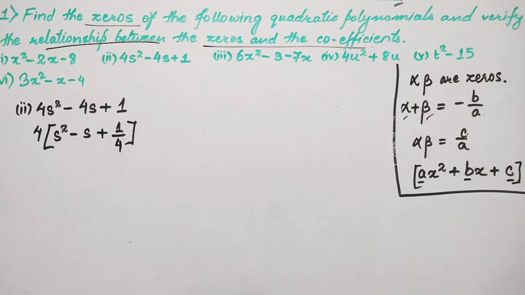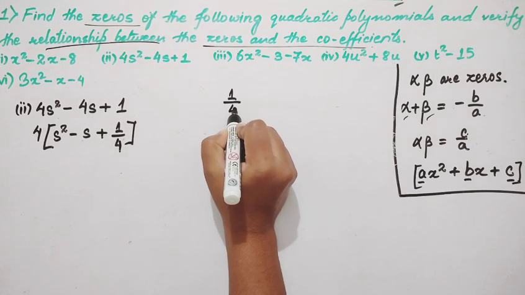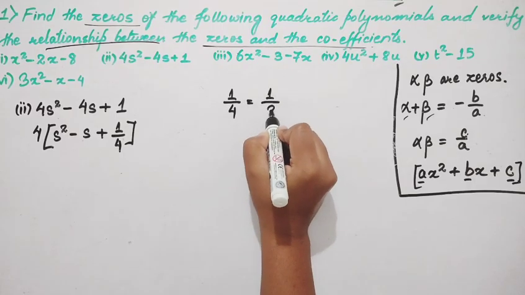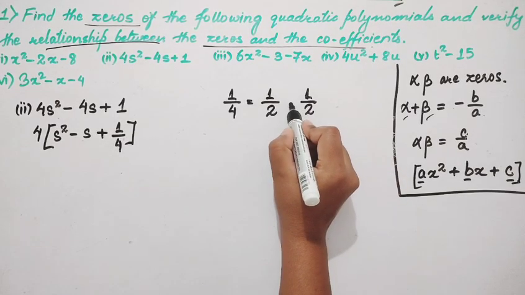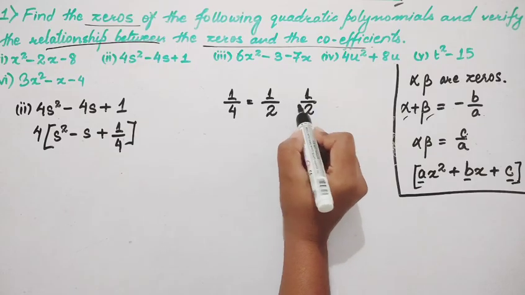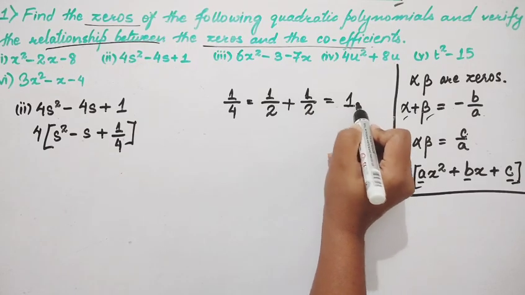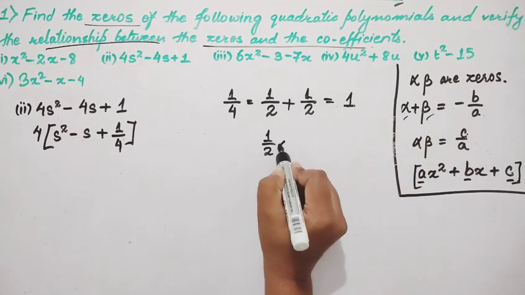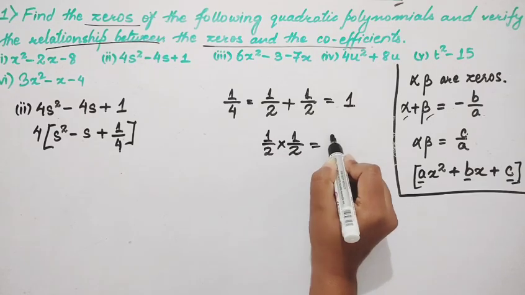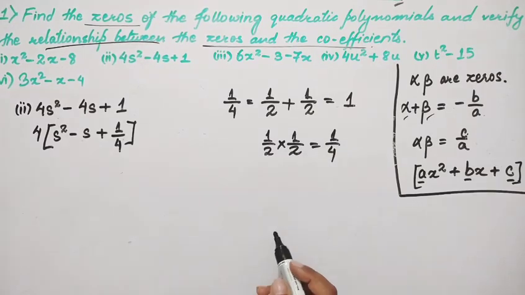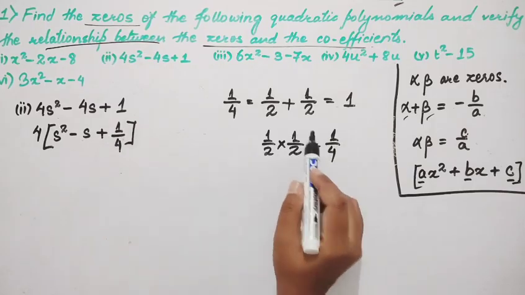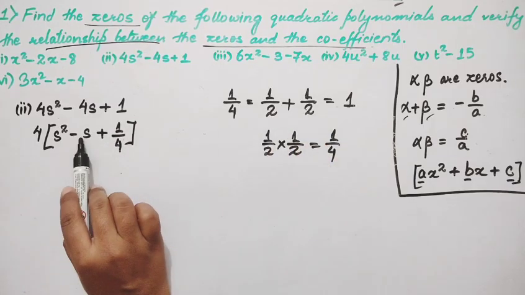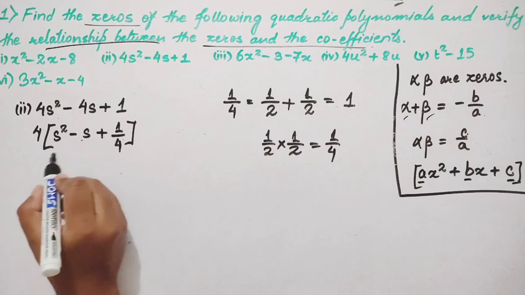By taking 4 common, here 1 by 4 we can split it into two factors, that is 1 by 2 and 1 by 2, which on addition will give us 1, and in multiplication it will give us 1 by 4. That is, when multiplied it is giving us 1 by 4, and on addition it is giving us 1, which is the coefficient of s.